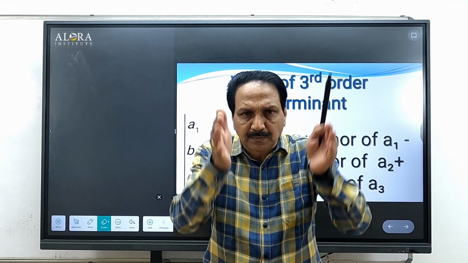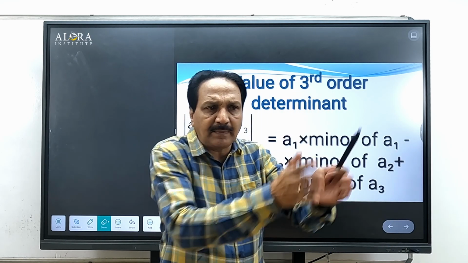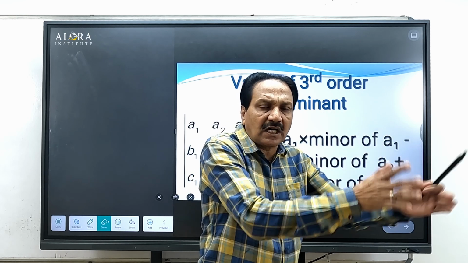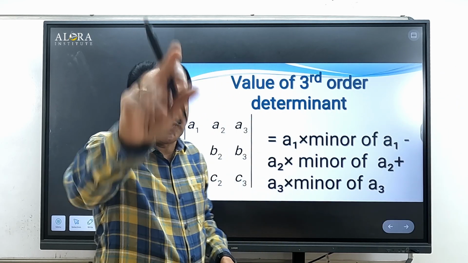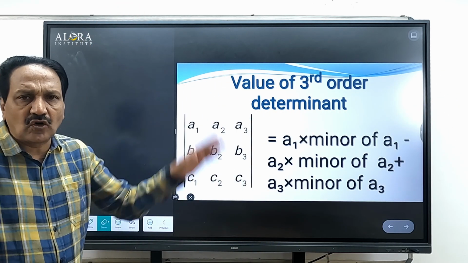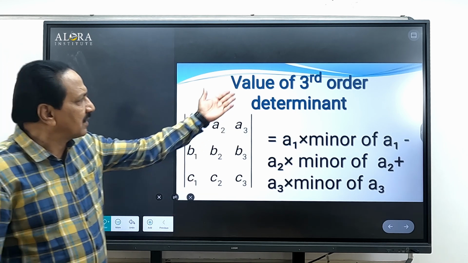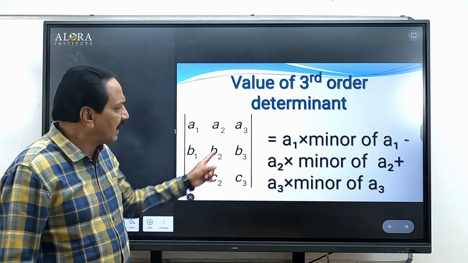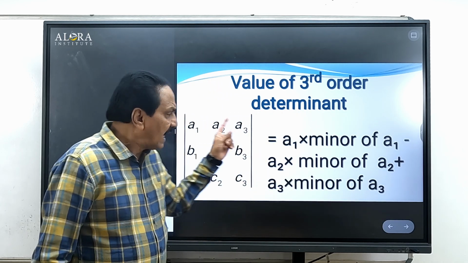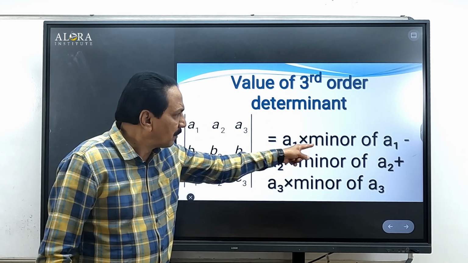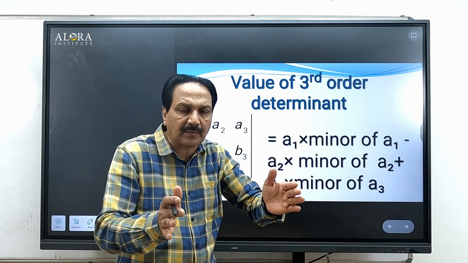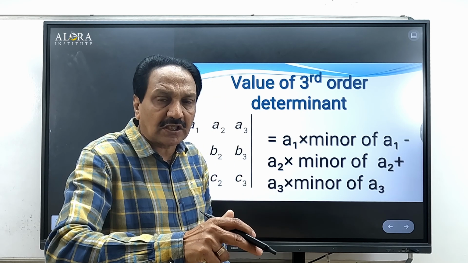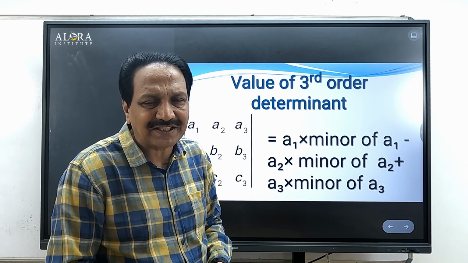First element into its minor, minus second element into its minor, plus third element into its minor. If you know this formula, you can easily go for finding the value of third order determinant. But remember, in the third order determinant, again the second order comes. Minor of A1 means it's the second order determinant. So the value of second order determinant we already came across in the previous class.